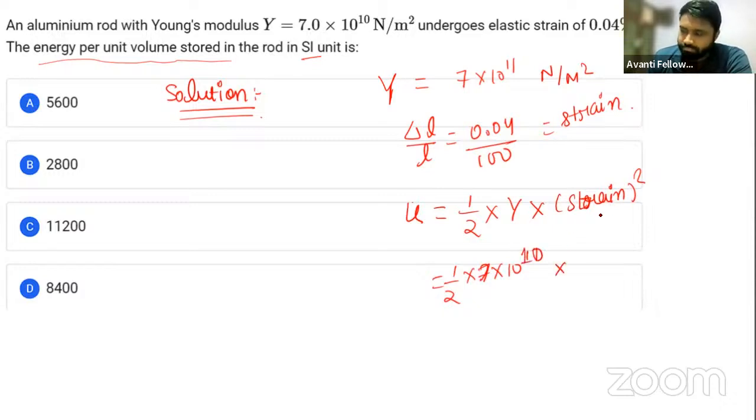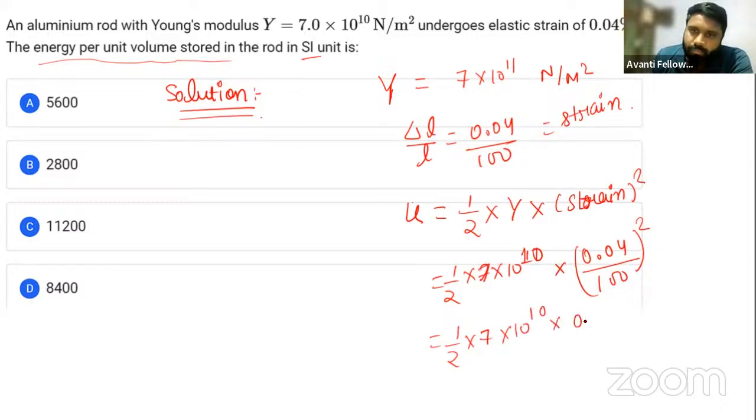Strain we have 0.04 divided by 100, squared. So 1 by 2 into 7 into 10 raised to the power 10, into 0.04 multiplied by 0.04 divided by 10 raised to the power 4.